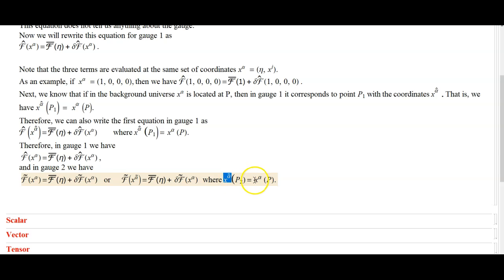By enforcing this equality, we are able to write x alpha in terms of x alpha tilde.